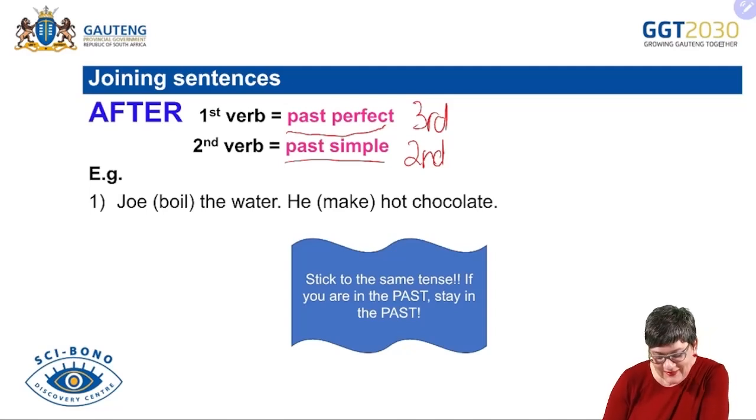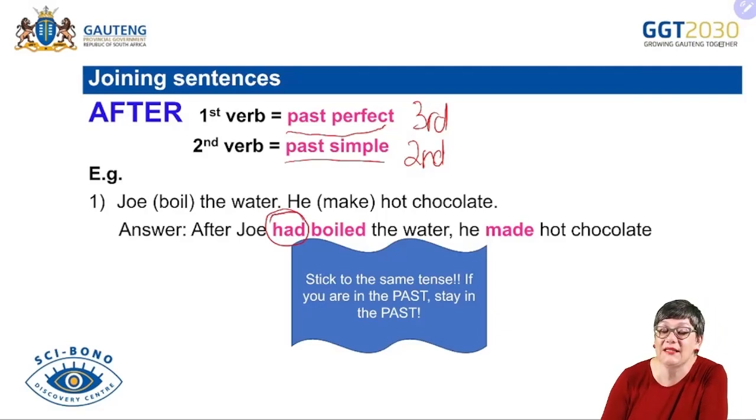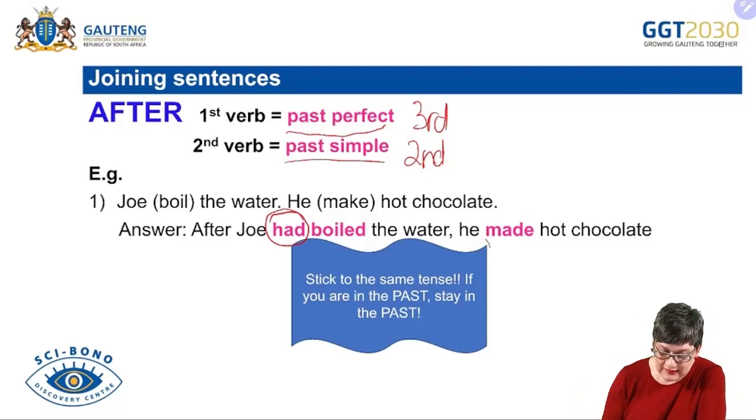Joe boiled the water, he make hot chocolate. Now, let's see what's the answer. After Joe had boiled, remember past perfect? Past perfect is had, always had. Had boiled the water, he, make becomes made, second column.